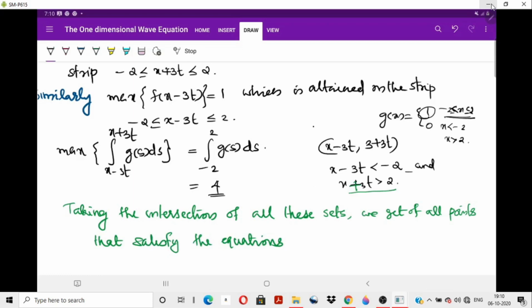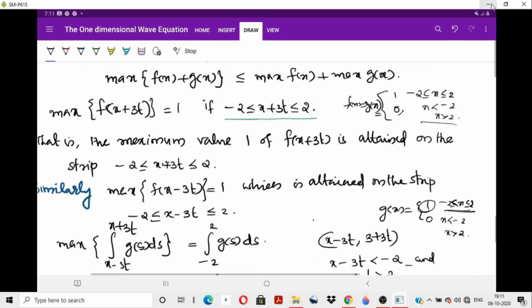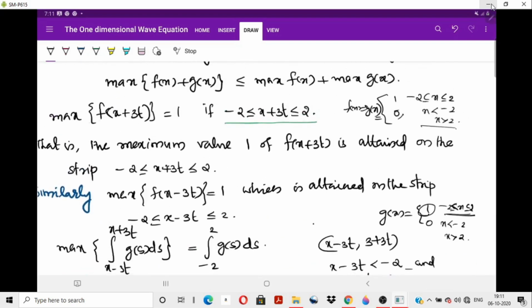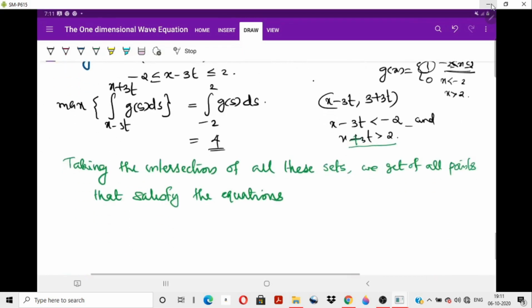First of all, in order for f of x plus 3t to have the maximum value 1, x plus 3t must lie in the closed interval minus 2 to 2. And for the integral of g to have the maximum value, x plus 3t is greater than 2. So the intersection is the line x plus 3t equal to 2.